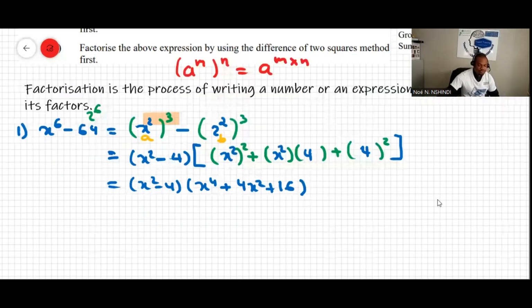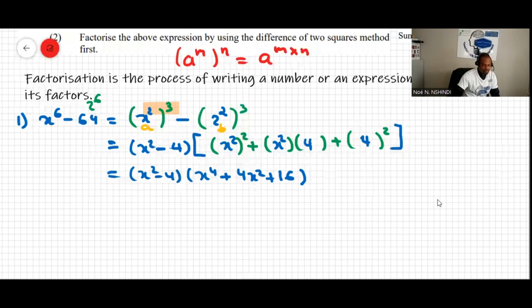And now if I do question B2, it says by using the difference of 2 squares. So x to the power of 6 minus 64. Someone can say 64 is 8 squared. We also know that this is 2 to the power of 6. We can say this because we talk about difference of 2 squares. I'll put the square there.